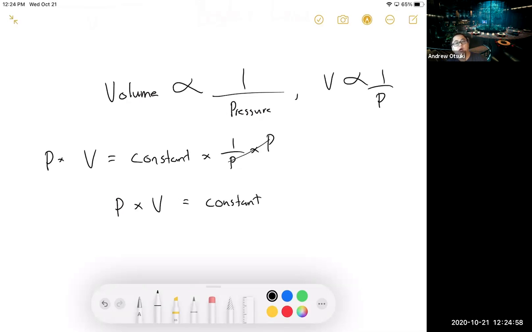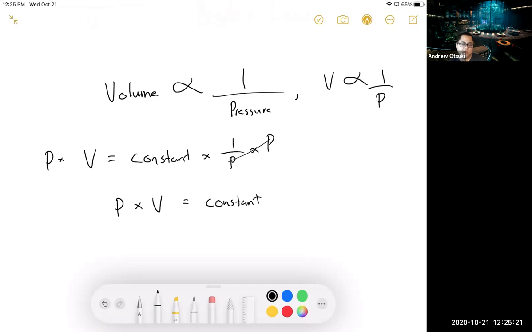And remember, constant times 1 is just the constant itself. So the constant, I wouldn't worry too much what it means. It's just like a number that we multiply to make these two variables equate to each other.